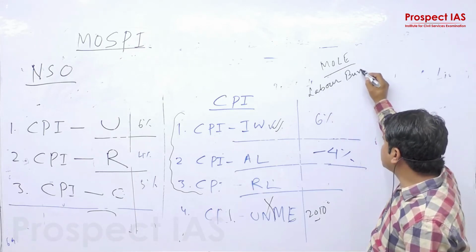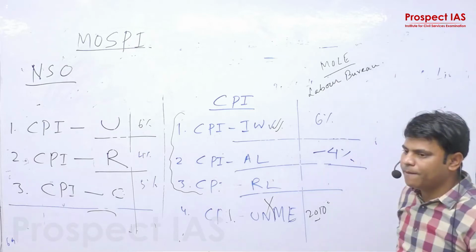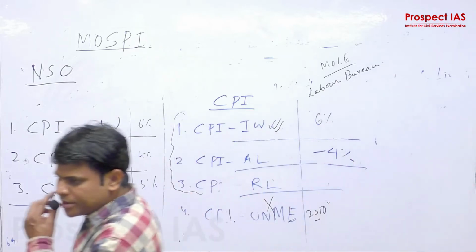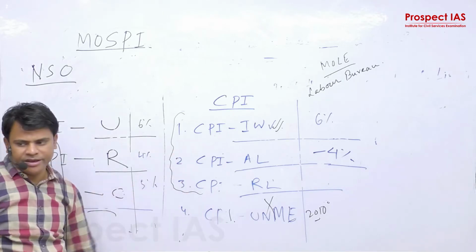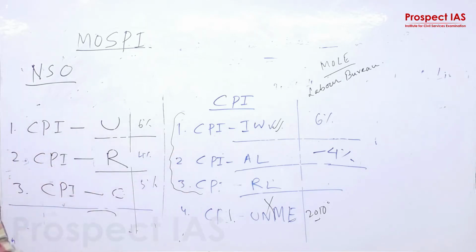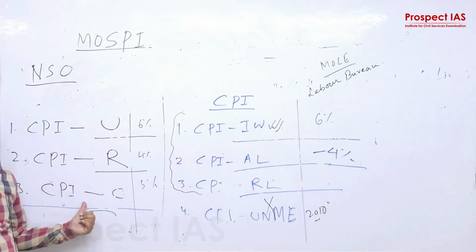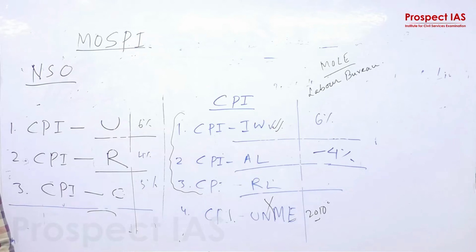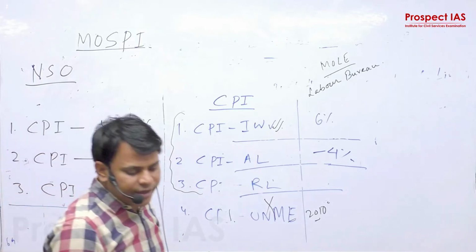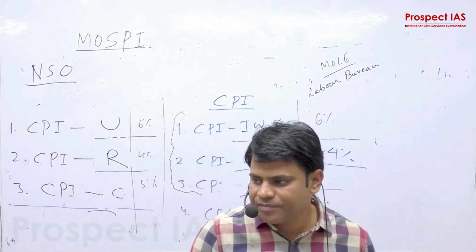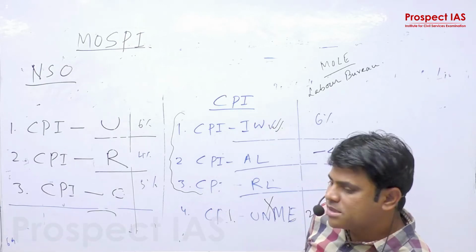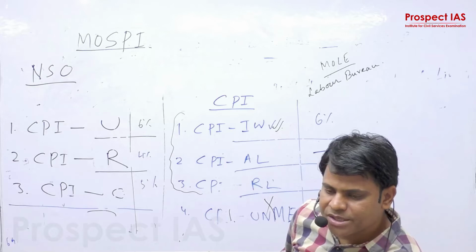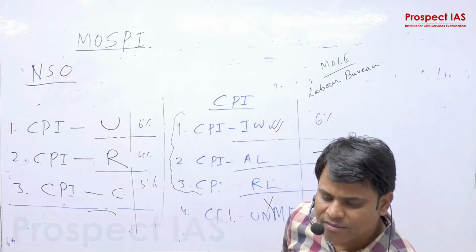So the correct option was Labour Bureau. Labour Bureau publishes all these first 3 variants of CPI. And CPI-U, R and C, the new variants of CPI which are used to know about the inflation in retail market, is by NSO, which is under the Ministry of Statistics and Programme Implementation.